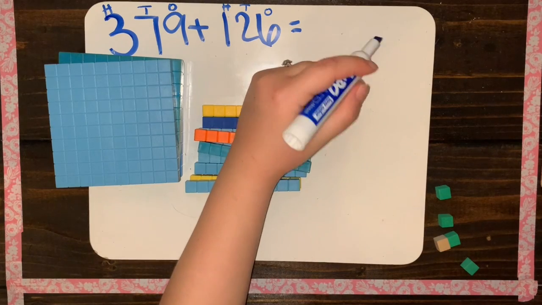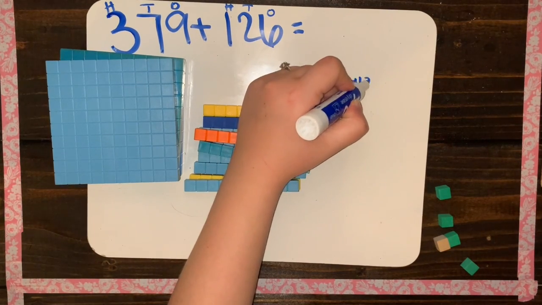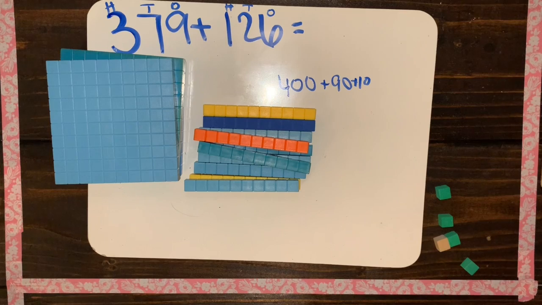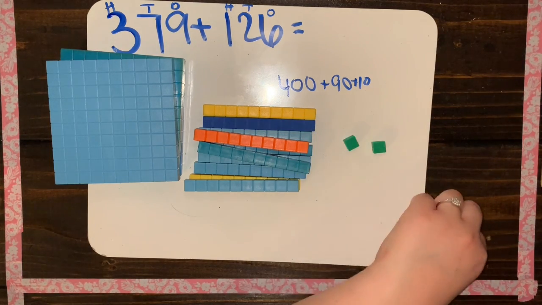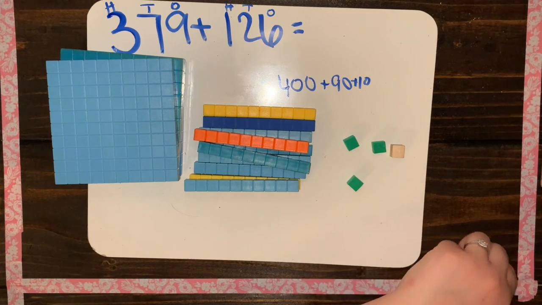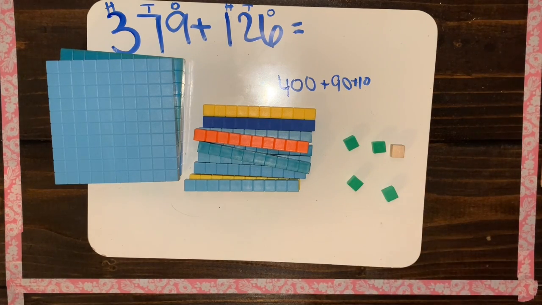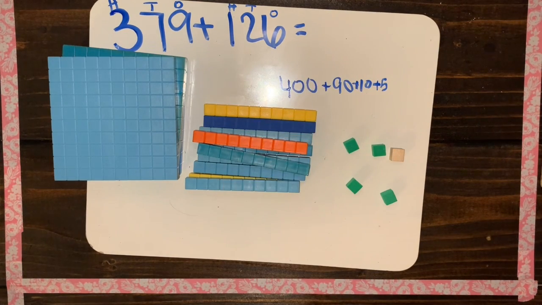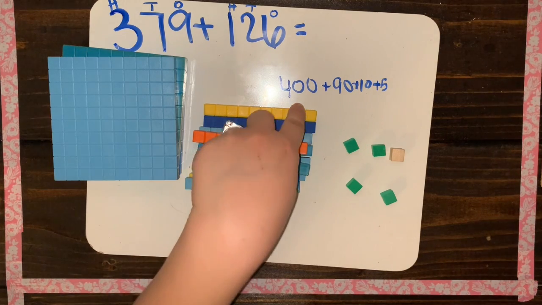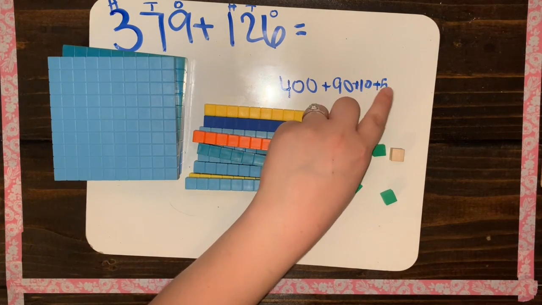So I have plus 10. Now let's count the rest of our ones. 1, 2, 3, 4, and 5. That leaves me with 400 plus 90 plus 10 plus 5.